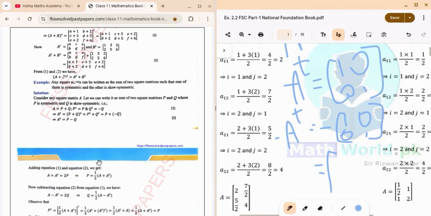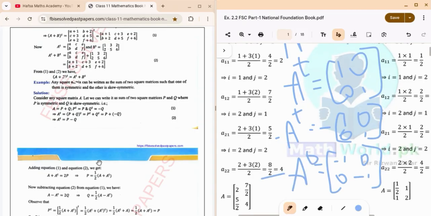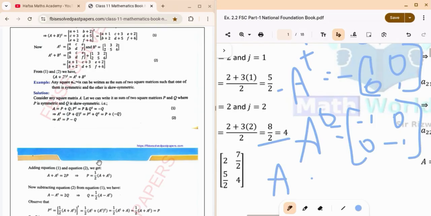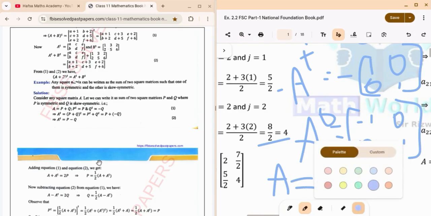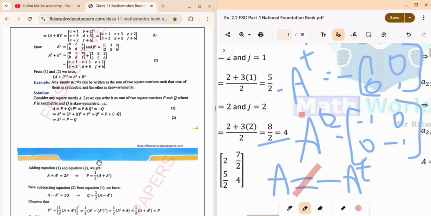If you solve that, you will see the answer is not the same as the original matrix. So this matrix A is not skew symmetric.